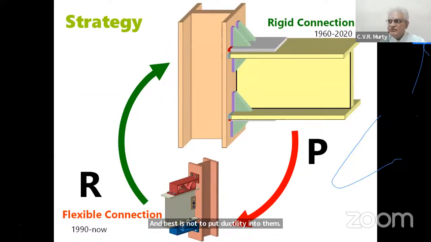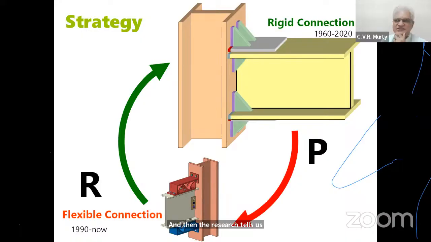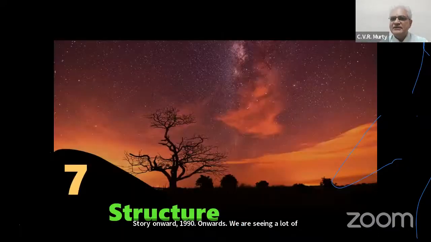Okay, so now we are talking about the classical rigid connection on one side, which is in practice. And then research tells us that we need flexible connections. From 1990 onwards, we are seeing a lot of proposals, but they are all still in the research stage and have not really entered the design standards.